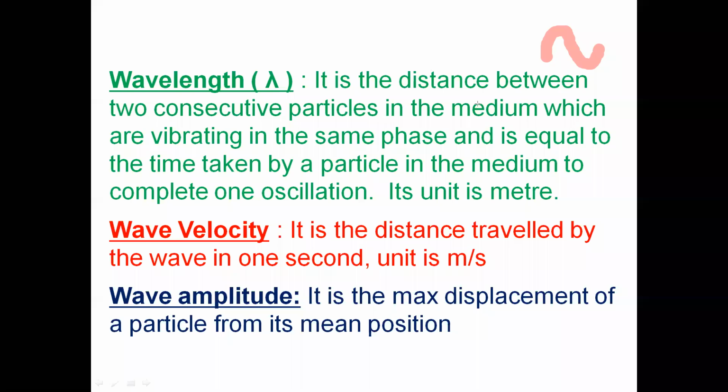Now in this wave, what is wavelength? Wavelength is the distance between two consecutive particles in the same phase. One particle is here, another particle is here, and the position is the same. Now the length between these 2 points is called the wavelength.